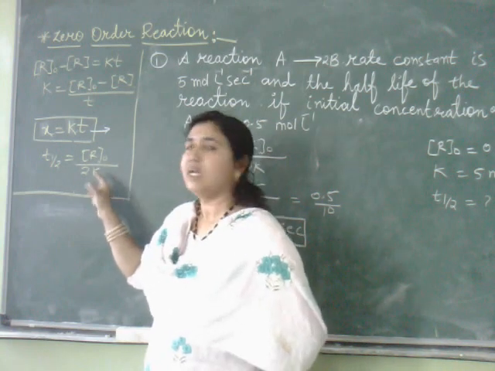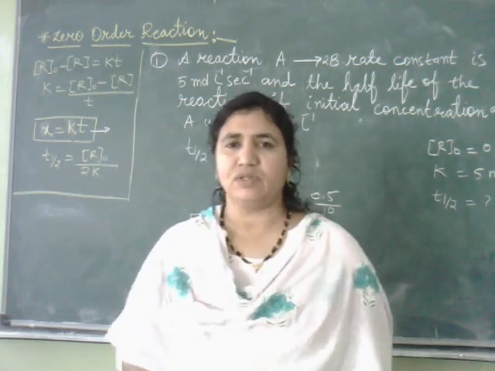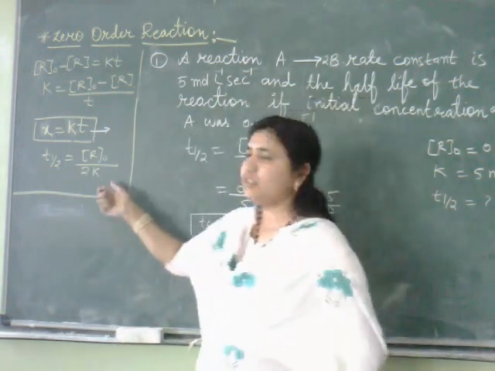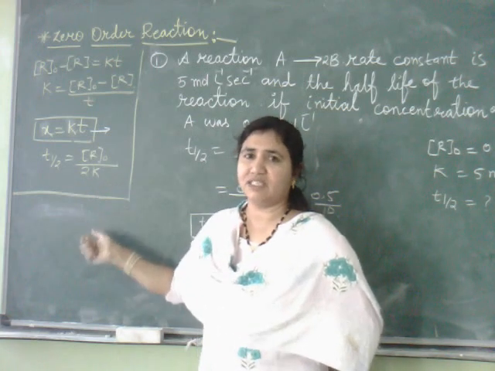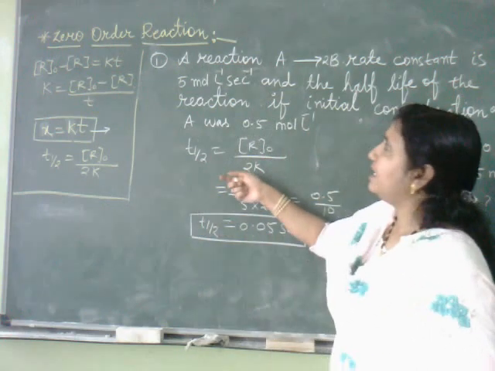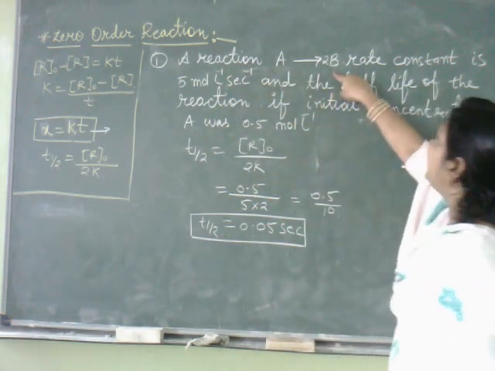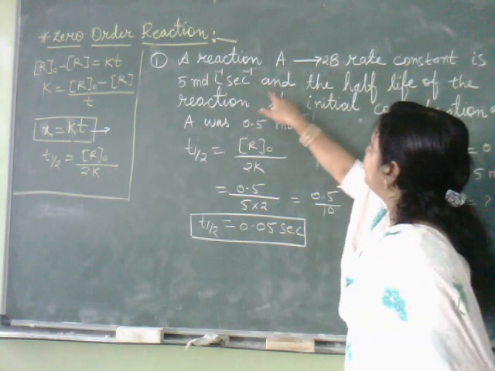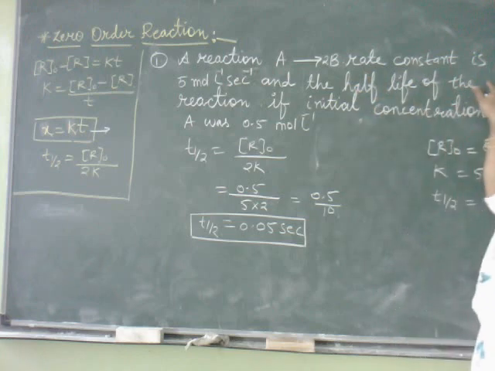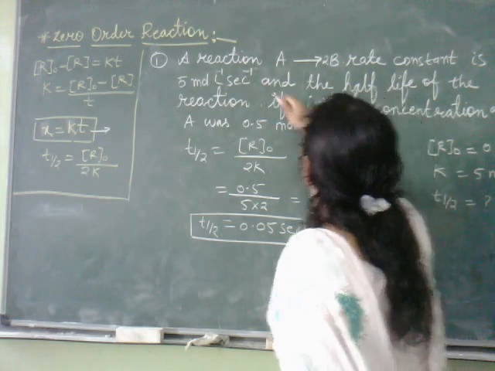Based on these formulas, they can ask problems in theory, and in competitive exams also. How they can ask problems, we will see in today's class. So see here, the first problem: a reaction A gives product 2B. Rate constant is 5 mole per liter per second.